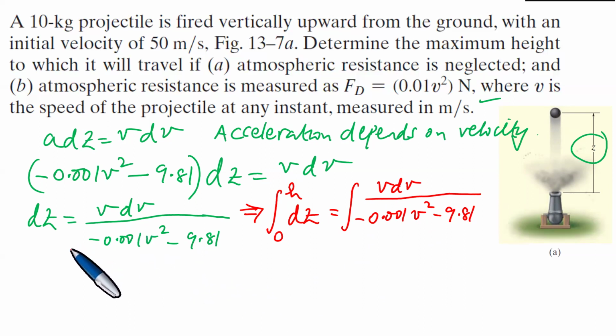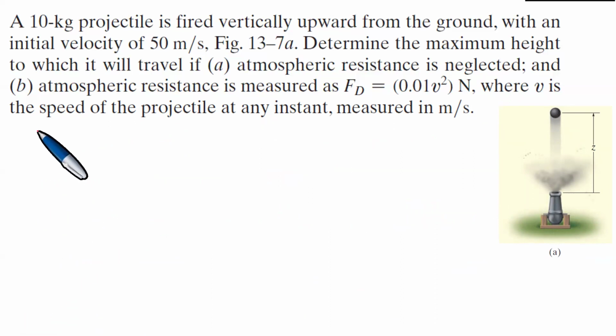So what have we done? We want the maximum height, and therefore we take the integral on both sides. On one side we have V dv, and on the other we have the integral from 0 to h of dz, and this equals.